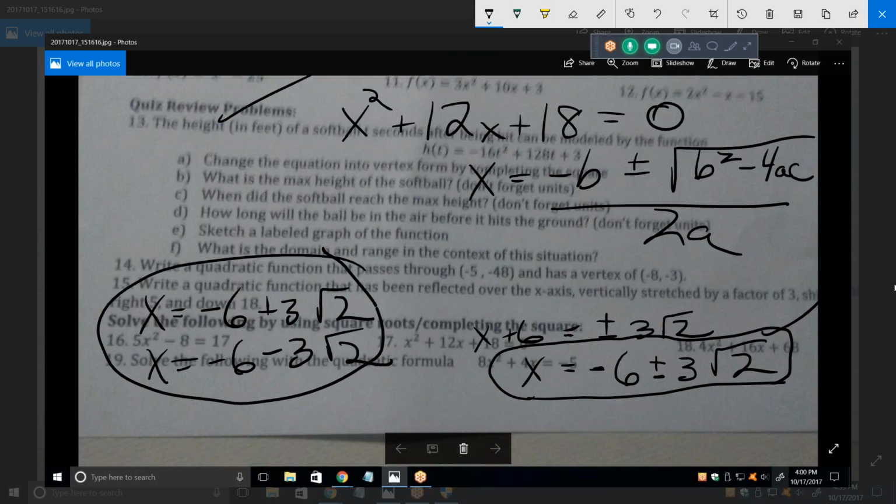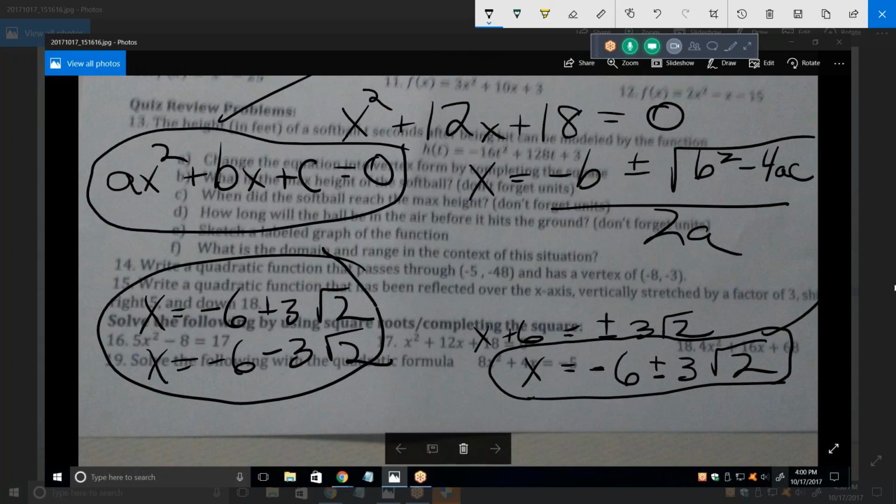That is something you need to memorize, even though you can calculate it. In other words, if you know how to complete the square, then you could always figure out how to calculate that by starting with ax squared plus bx plus c equals 0. If I started with that and attempted to complete the square, guess what I end up with?